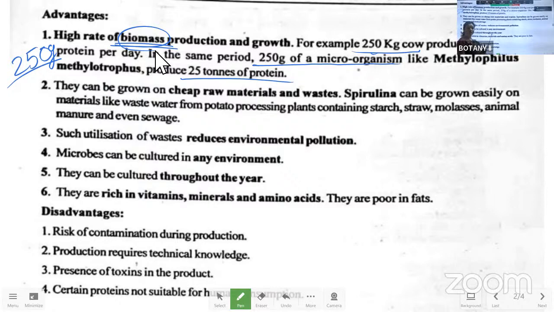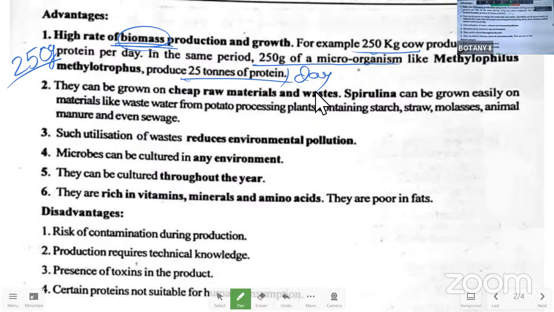But what we have to write is that from microorganisms, we can get more proteins than from the natural sources. Example: 250 grams of microorganisms can produce 25 tons of proteins per day. If you have written that, it is sufficient. Only this much you have to write for the first advantage.